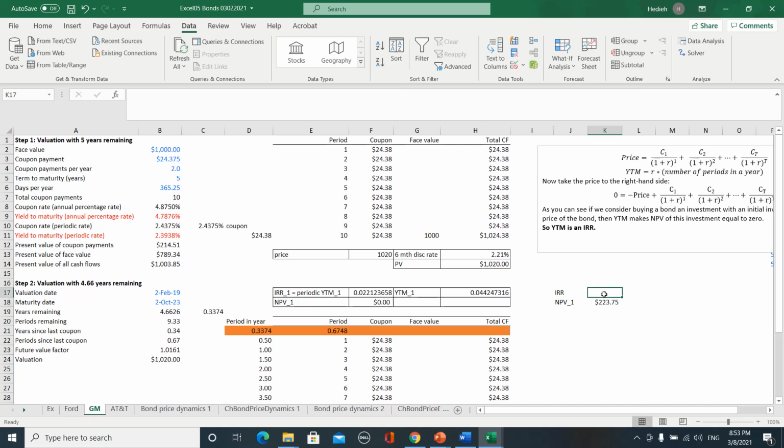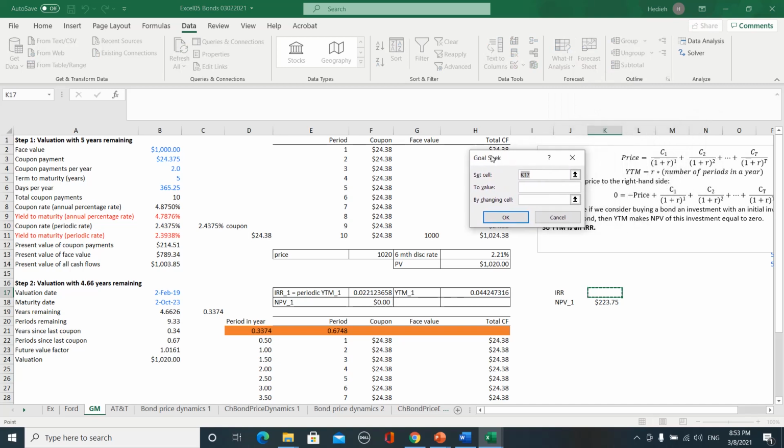How do I do that? Go to the Data section in Excel, What-If Analysis, choose Goal Seek, and choose the cell that is your objective function. Here my objective is to set the net present value of investing in this bond equal to 0 by changing my discount rate, because I want to find the internal rate of return.